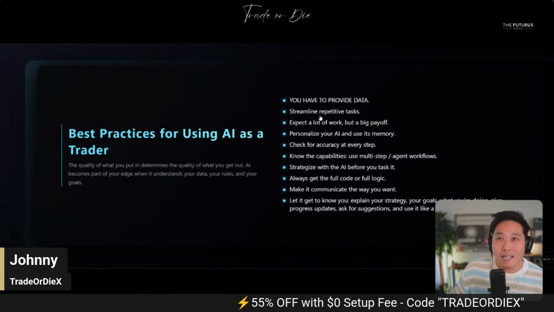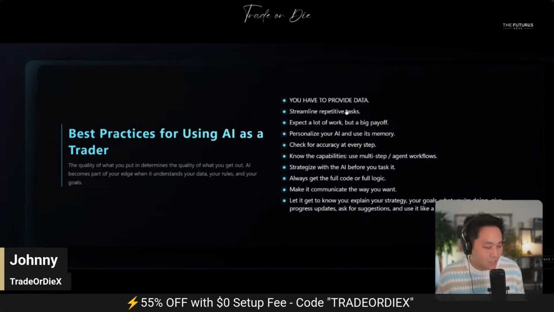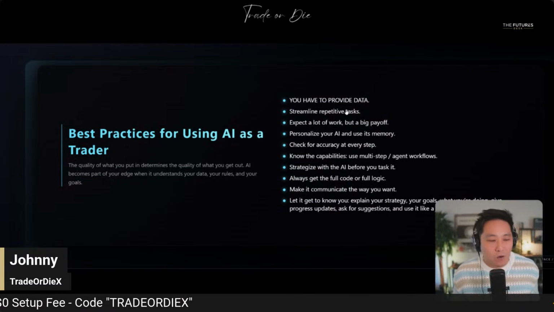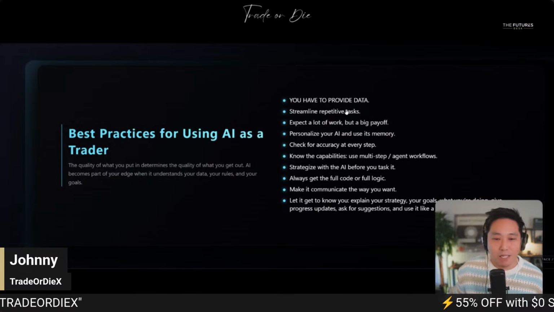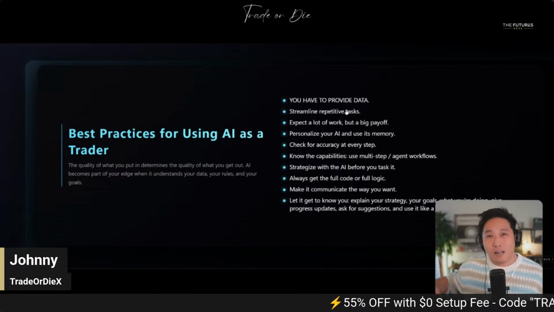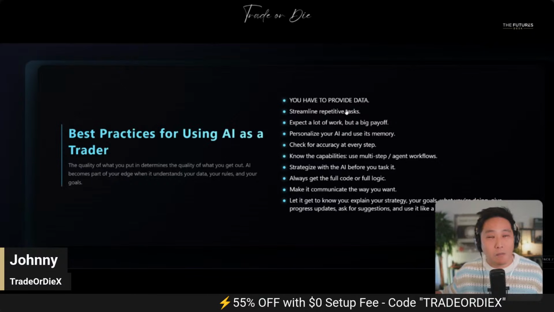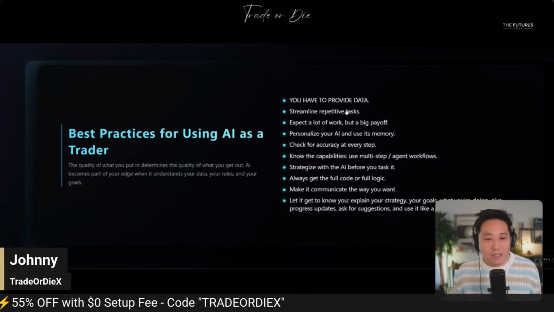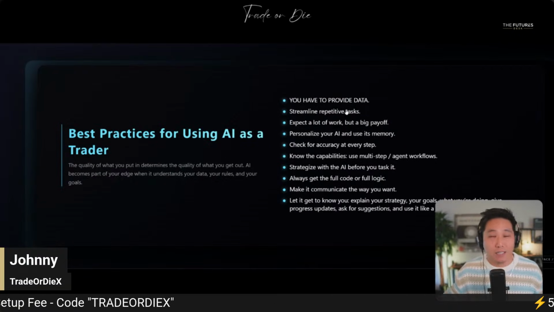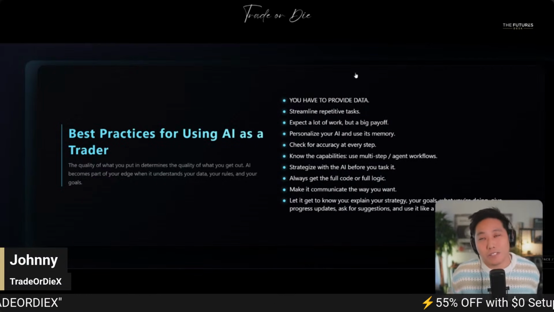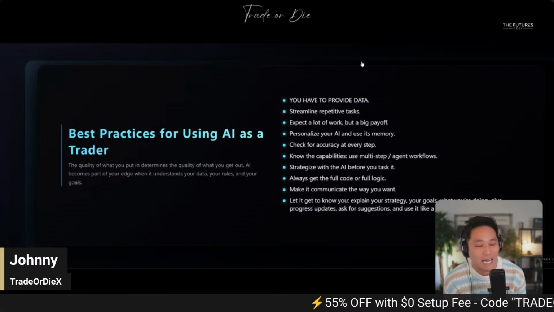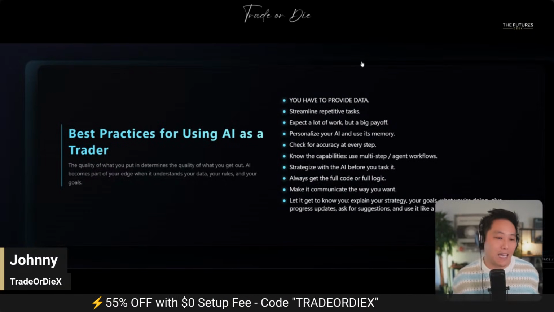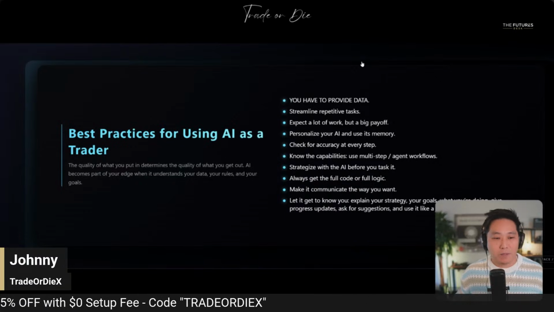Also, another best practice is streamline repetitive tasks. I'll give you an example of this. When I first started feeding order flow data to ChatGPT, it was a lot of manual downloading, then sorting through that data, then giving that data to ChatGPT, and then I have to download that sheet as well. So an example of streamlining a repetitive task was the downloading of that data, picking the date, and so on and so forth. What I did was I used AI to write a script in NinjaTrader.